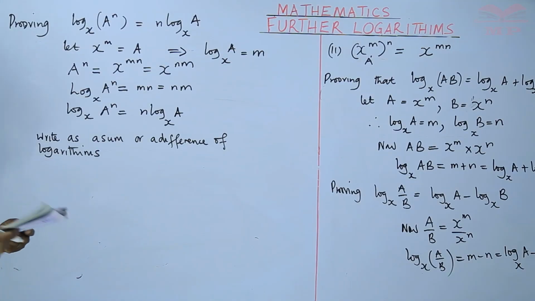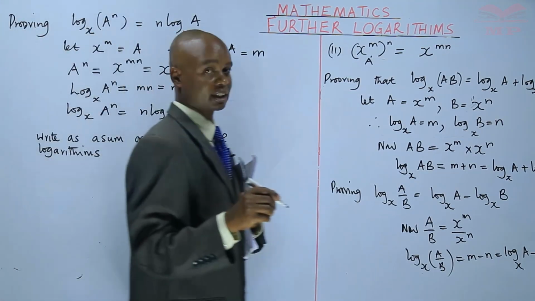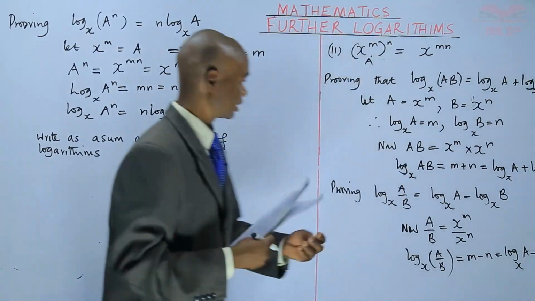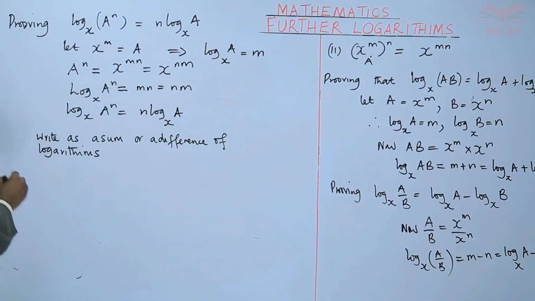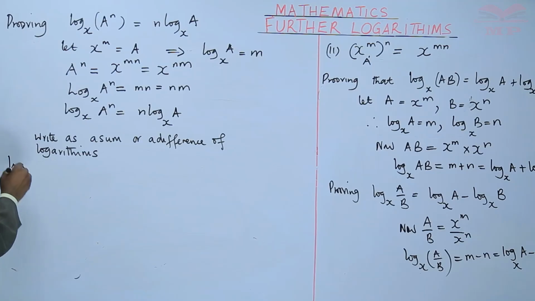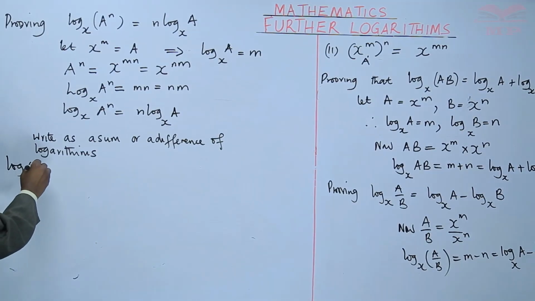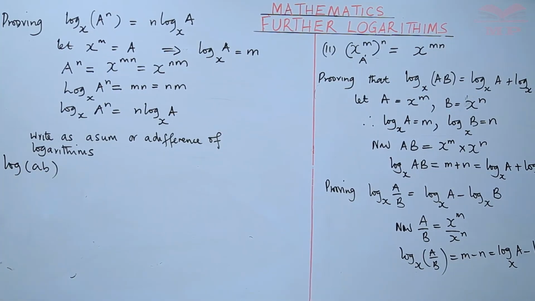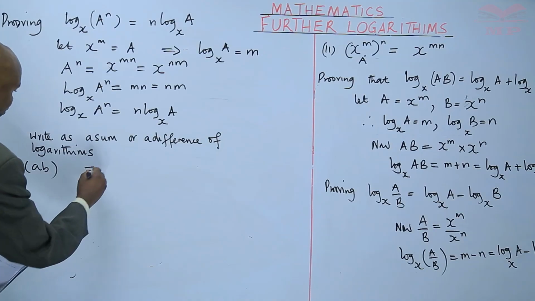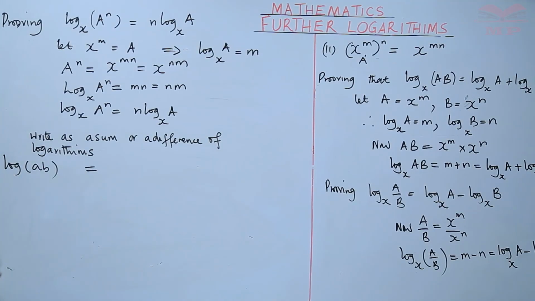So Lana, I said, if you are not given any base, you'll assume that those numbers are written to the base 10. So we have log AB, writing as a sum or a difference.